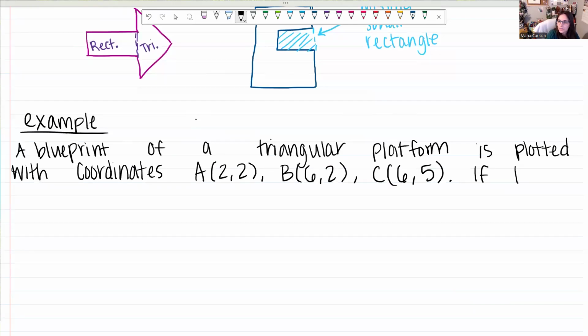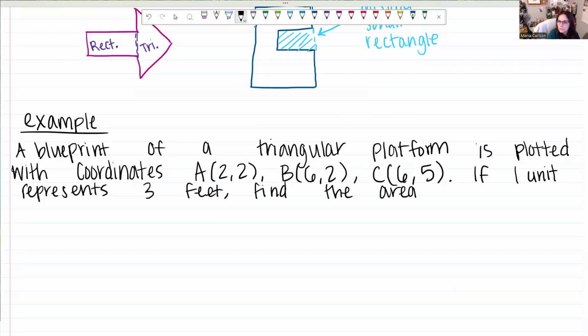If one unit represents 3 feet, find the area of the platform in square feet.